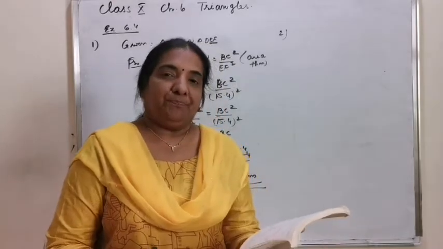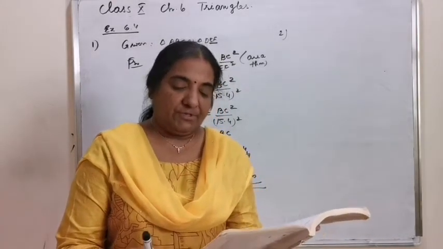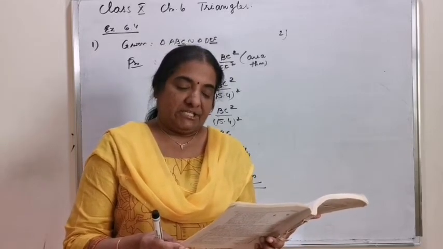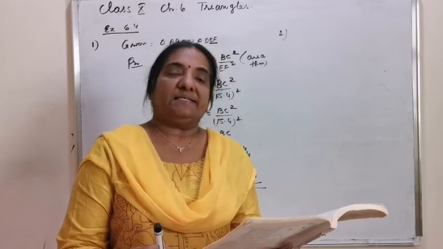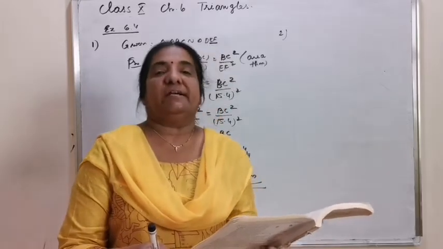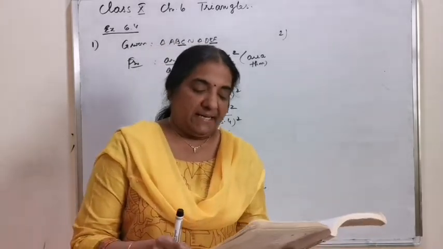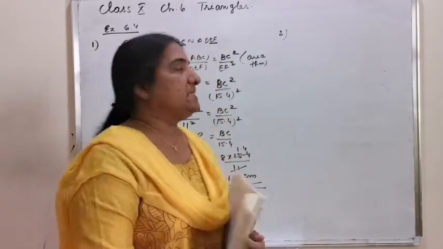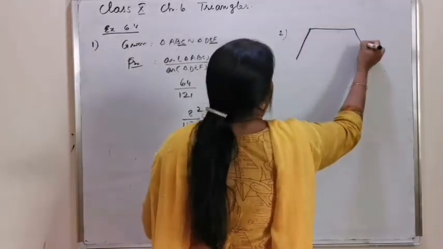Question number 2. Diagonals of a trapezium ABCD with AB parallel to CD intersect each other at the point O. If AB is twice CD, find the ratio of areas of triangles AOB and COD.